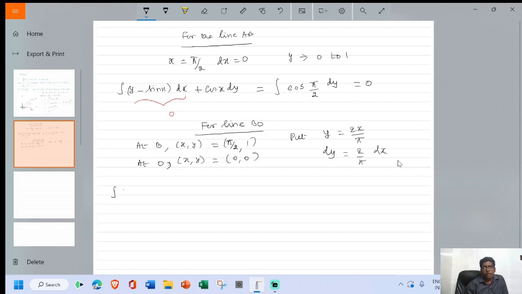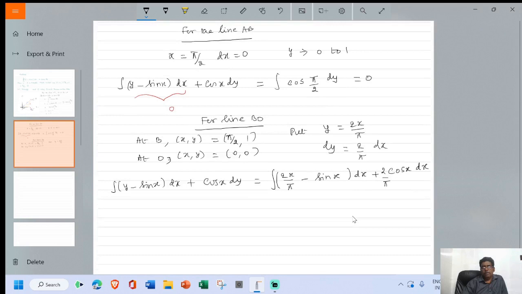Now the integral of (y − sin x) dx + cos x dy equals (2x/π − sin x) dx + cos x times dy, where dy is 2/π dx.